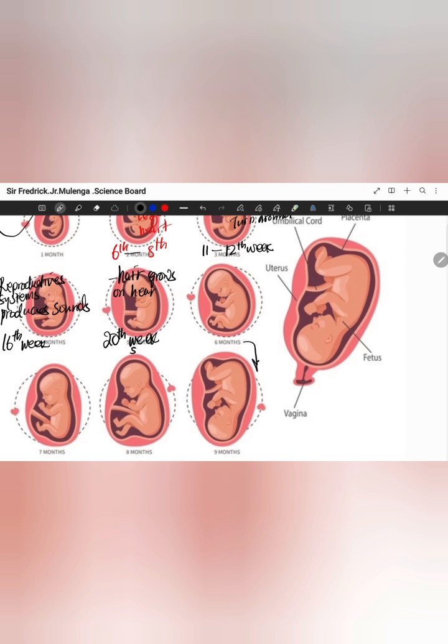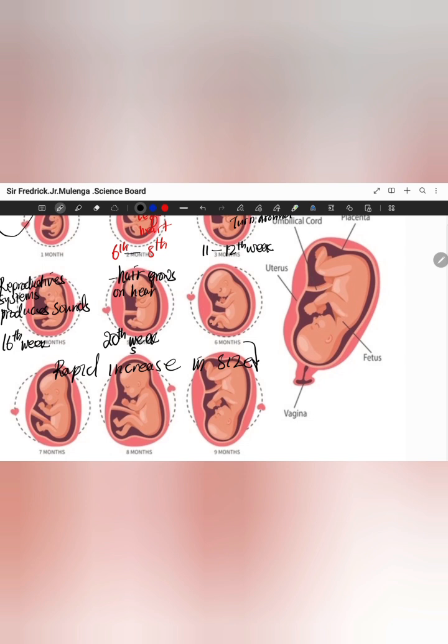What is it that you are going to observe here? At these stages, this means 6, 7, 8, and 9, you will notice a rapid increase in size. The child grows fast at these stages.